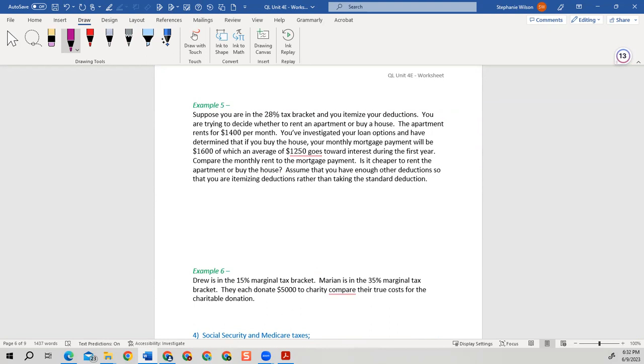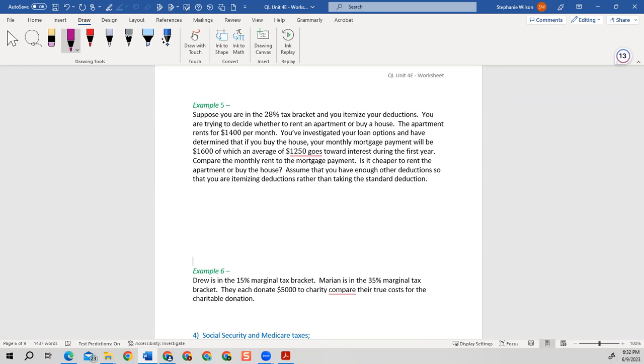You have investigated your loan options and determined that if you buy the house, your monthly mortgage payment will be $1,600, of which an average of $1,250 goes toward the interest during the first year. Compare the monthly rent to the mortgage payment. Is it cheaper to rent an apartment or to buy a house? Assume that you have enough deductions that you are itemizing rather than taking the standard deduction.